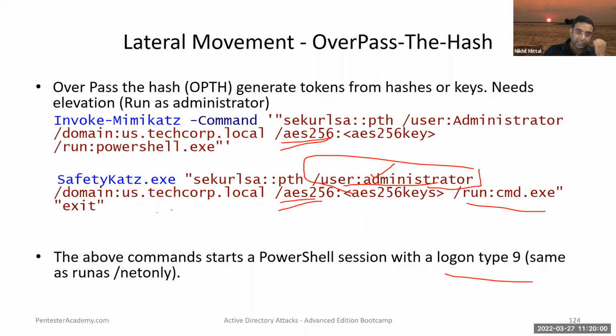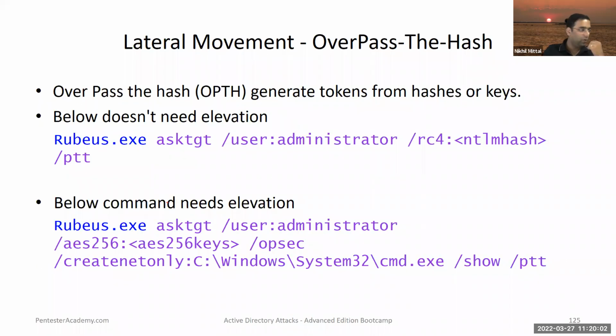So does overpass the hash always need elevation? Not always. You can use Rubeus and its ptt option to overpass a secret without needing elevation. However, please keep in mind that it overwrites the session key for your current session, so that will break everything else on the machine.